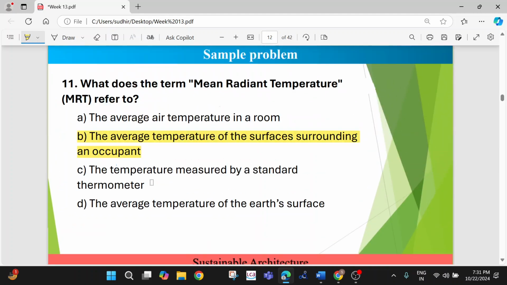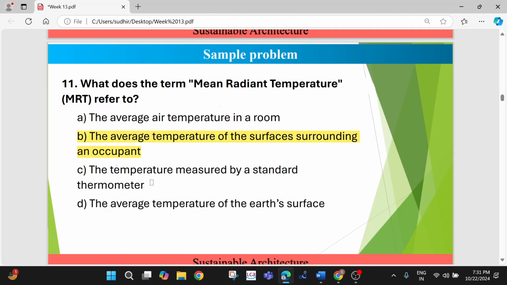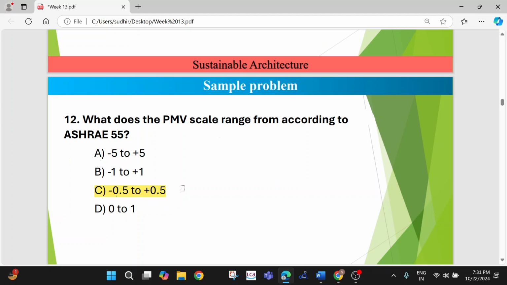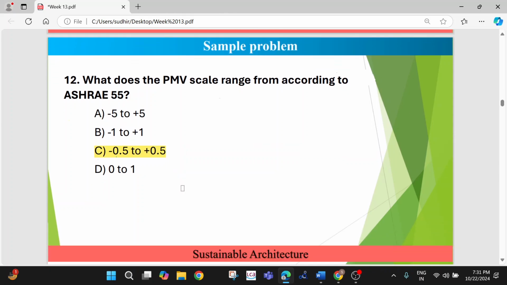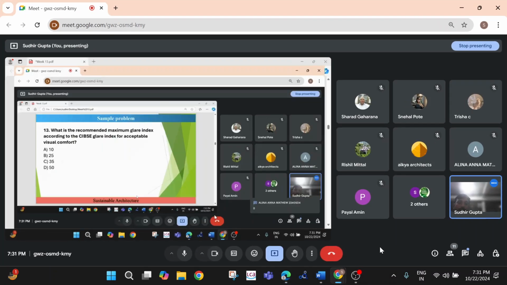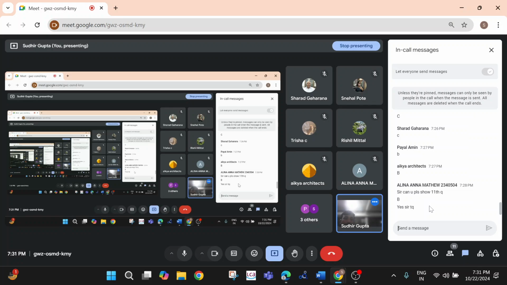So here is the 11th question, and B will be the right answer for this 11th question. And for the 12th question, C will be the right answer. And here is the 13th question that we are discussing now. Is it fine now, Elena?